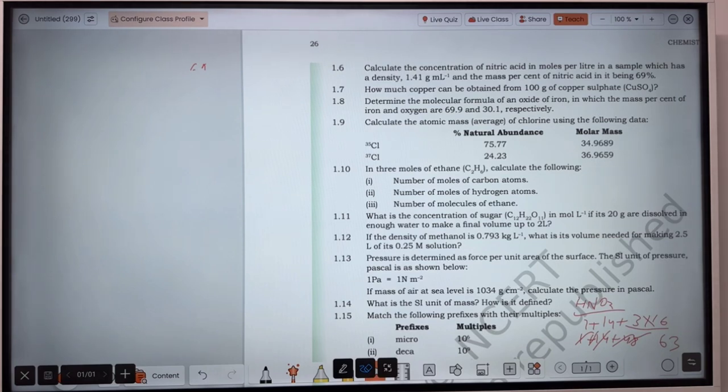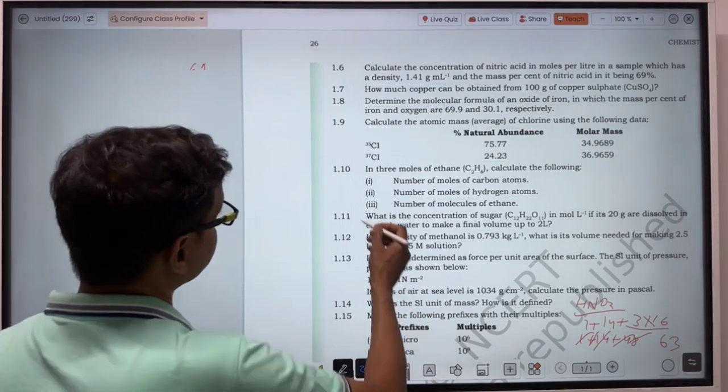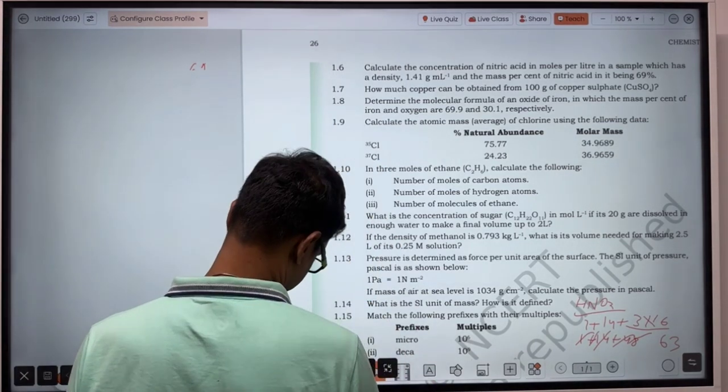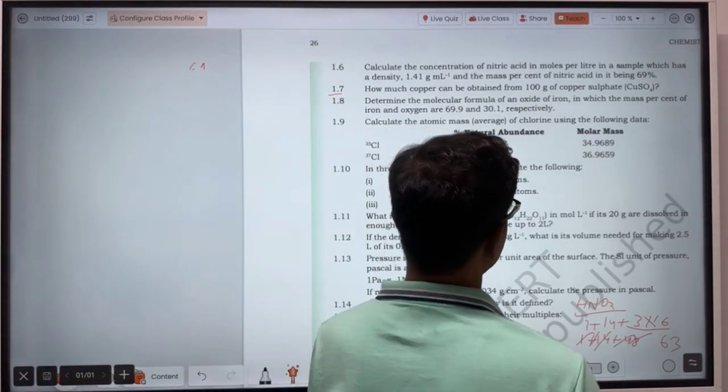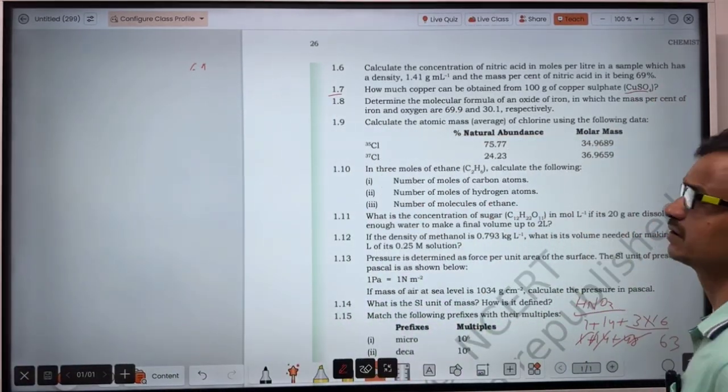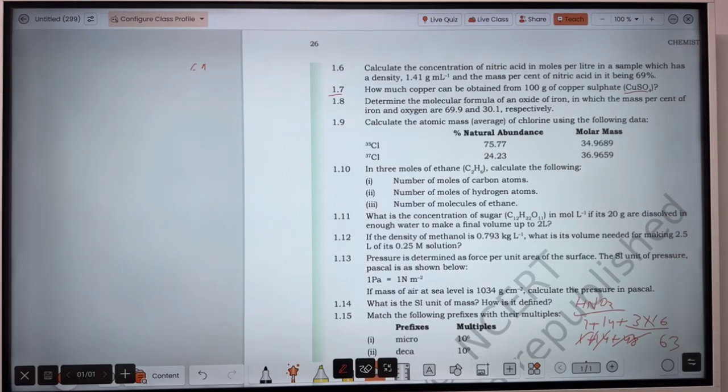How much copper can be obtained from 100 gram of CuSO4? So let's see here. Copper atomic weight, here CuSO4 is 100 grams. The weight of CuSO4 is 100 gram.